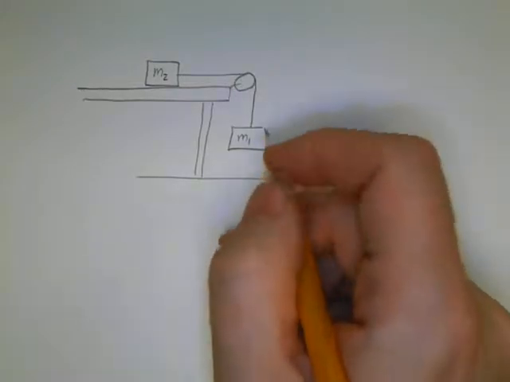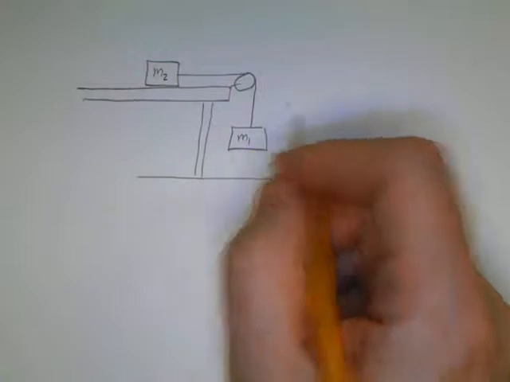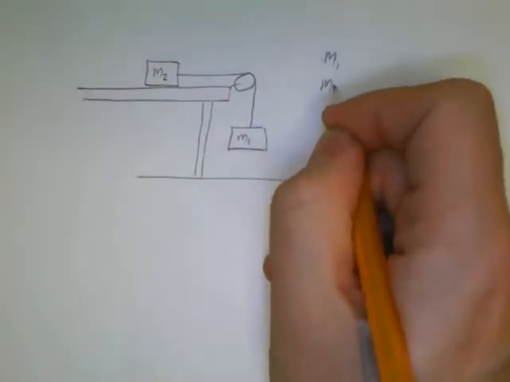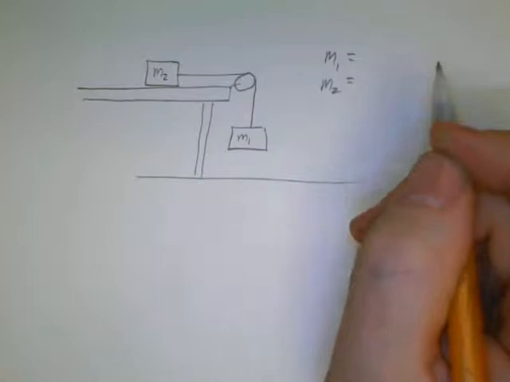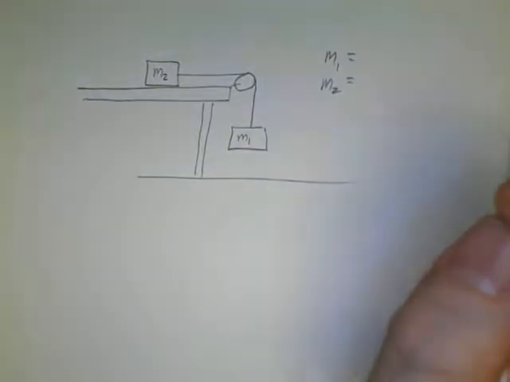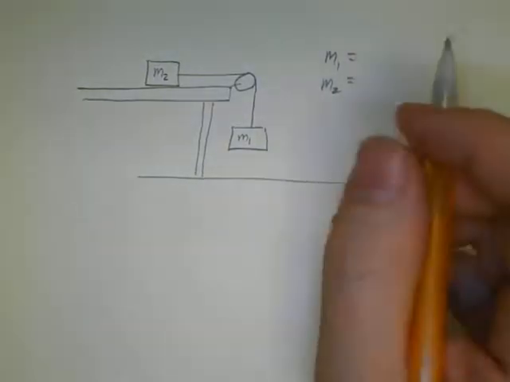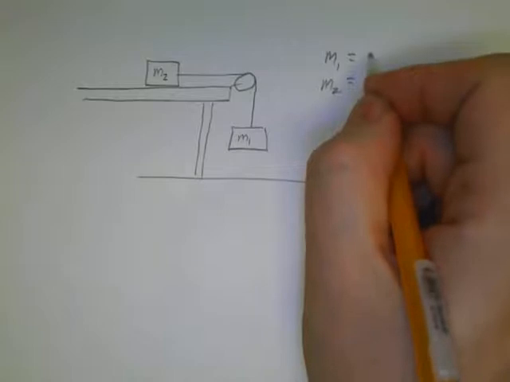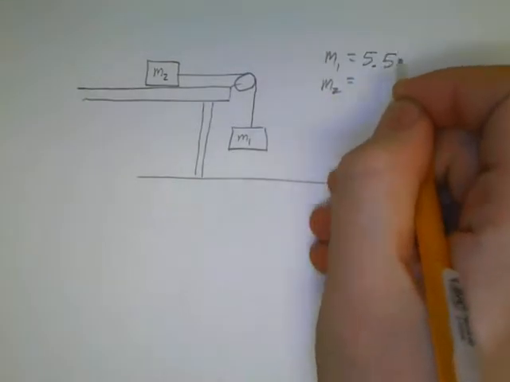And the first question is, what is the magnitude of the net force acting on the two mass system? I'm going to write down the values of the masses I have.